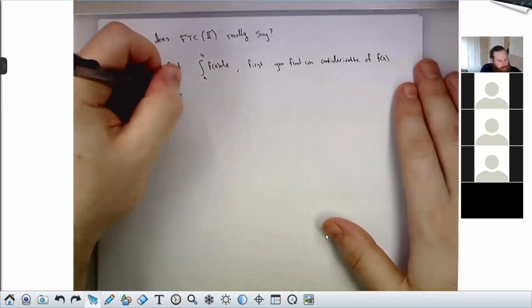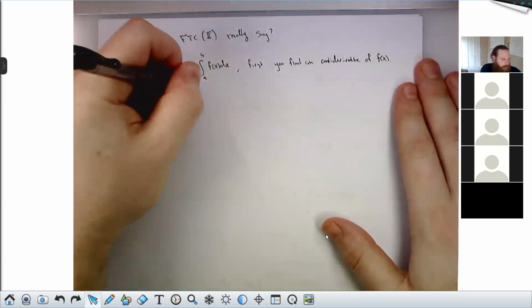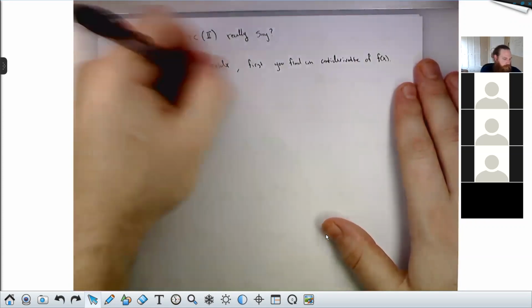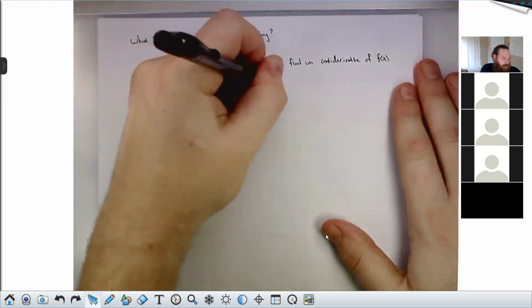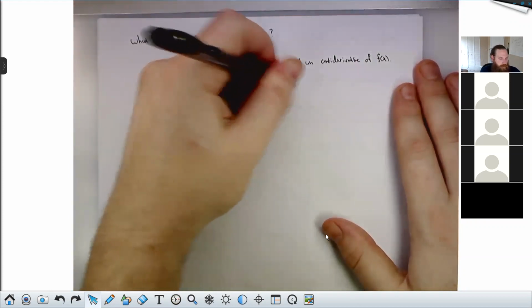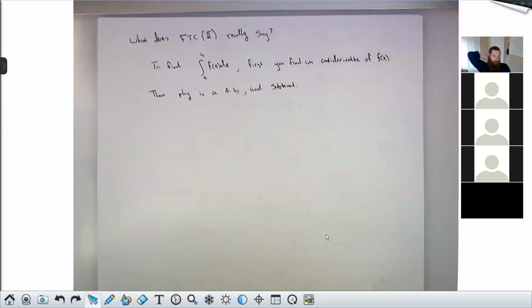Then you plug in a and b and subtract. So in other words, finding the area under a curve can be done by calculating an antiderivative for that function and then plugging in the endpoints. This is a big, big deal.